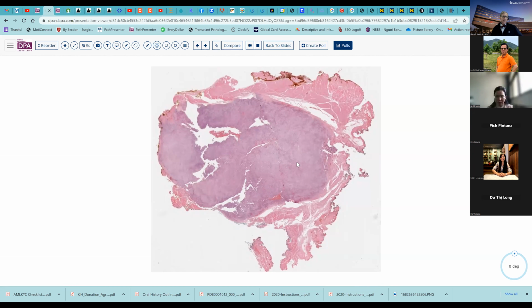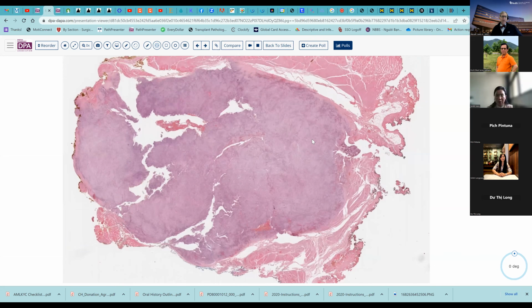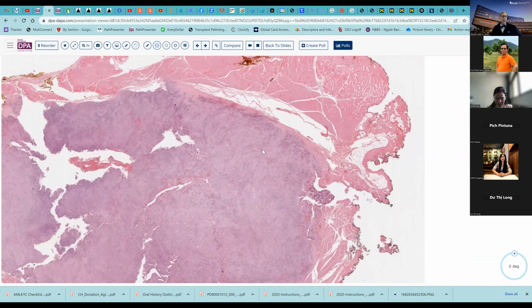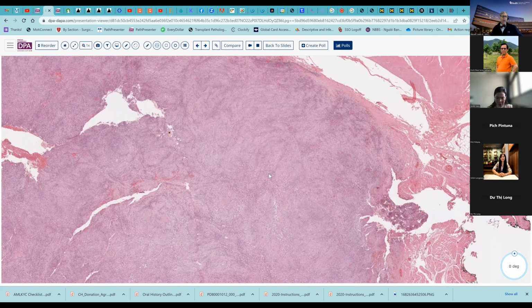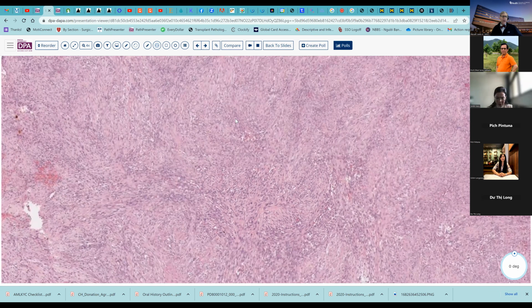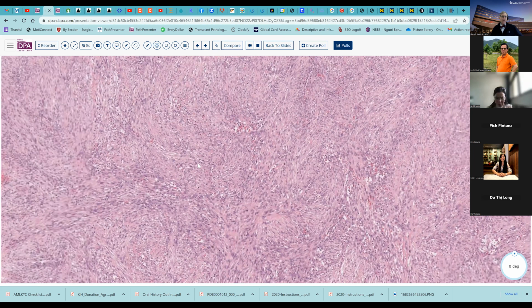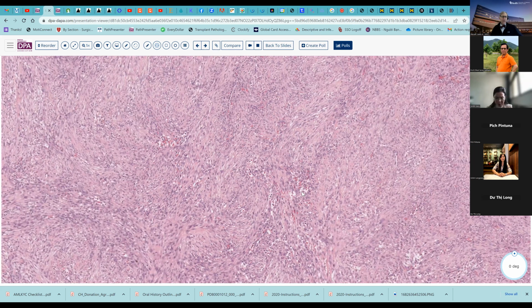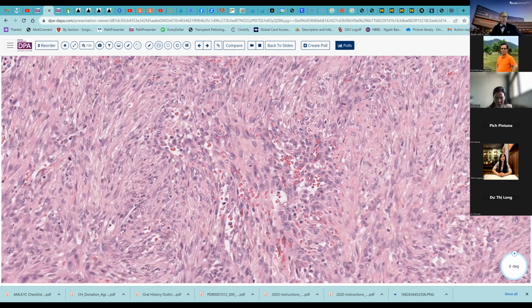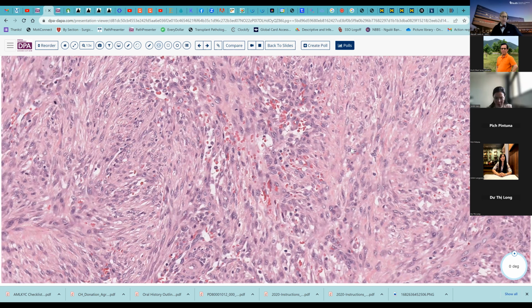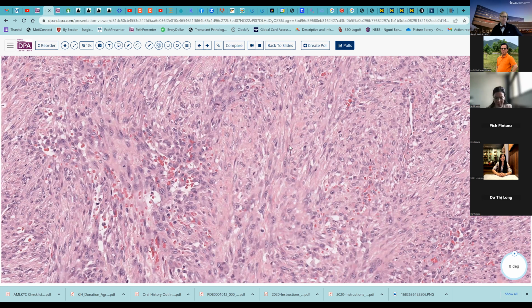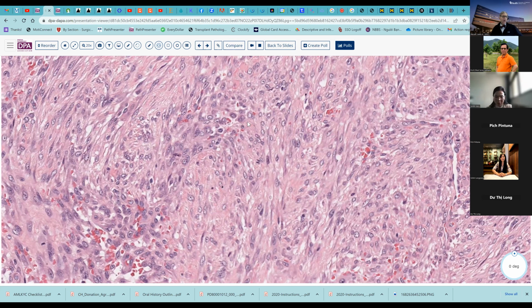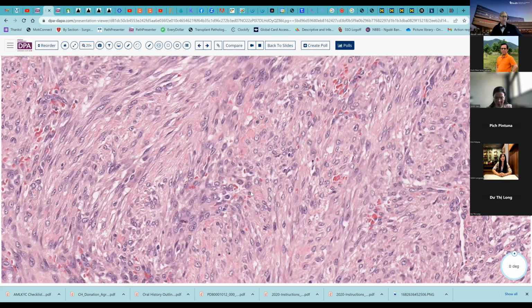So here's another example, again, one that we see in the deep fascia right next to the skeletal muscle here. And this is one where, again, we have variable amounts of spindle-shaped cells, but here maybe a little bit more inflammatory cells and so forth. Now, these lesions are often very mitotically active, and so it's frequent to find mitotic figures in these lesions.